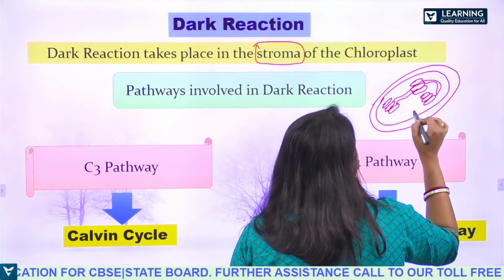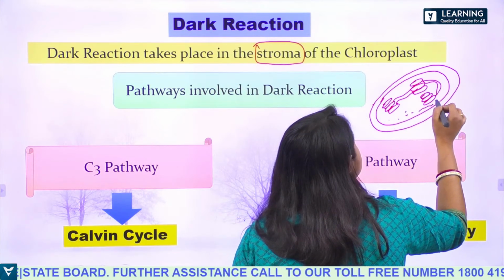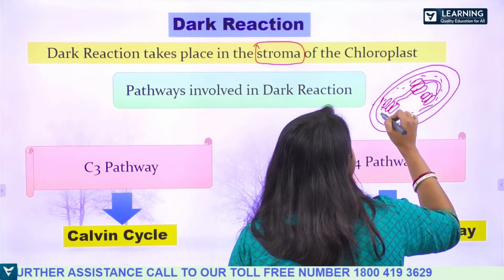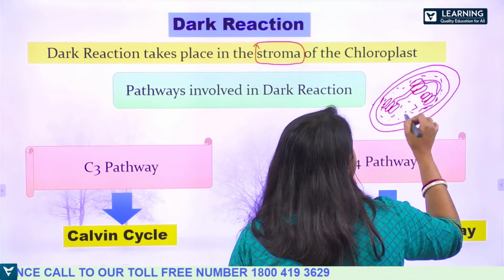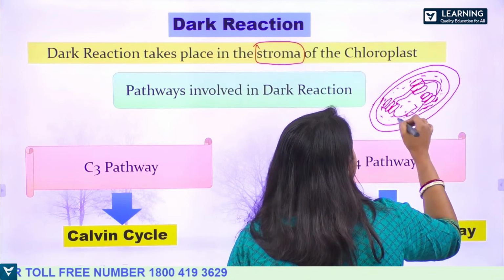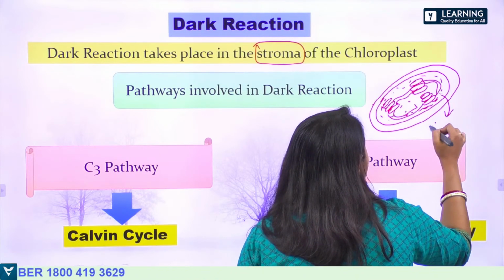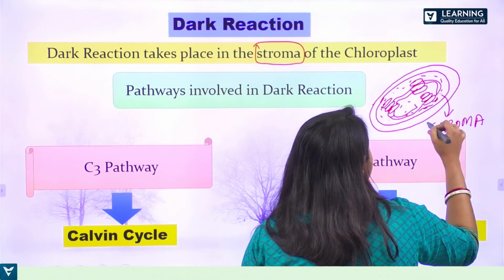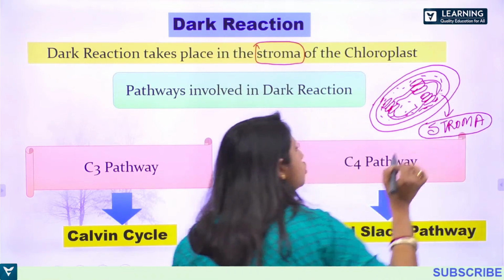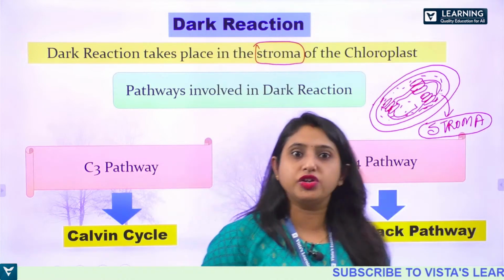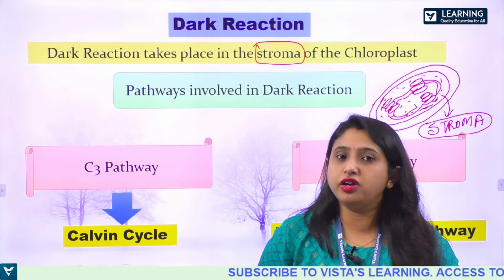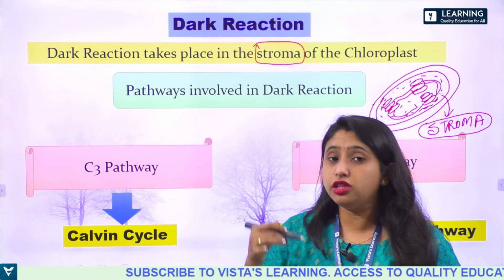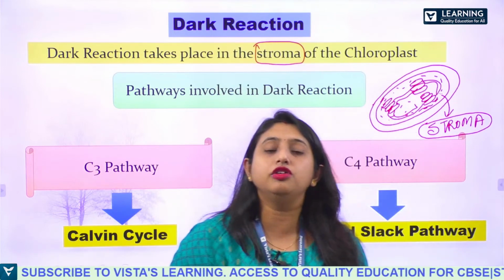All the remaining space, the matrix, is the stroma. So the dark reaction takes place in the stroma of the chloroplast, where food is prepared in the form of glucose, in the form of sucrose, and it is stored in the form of what?